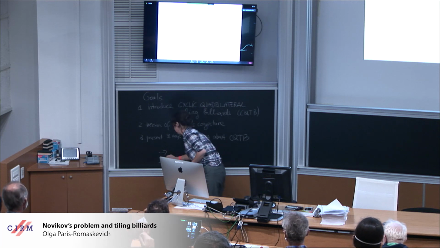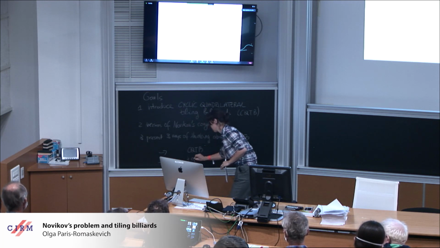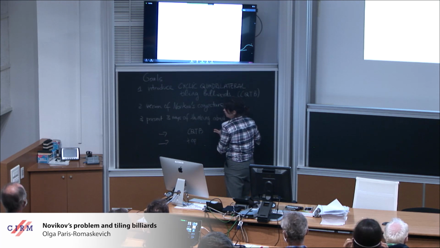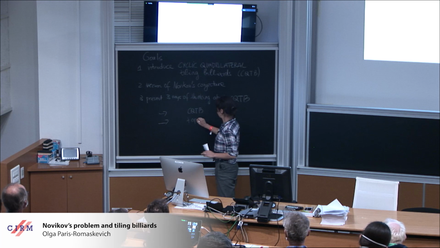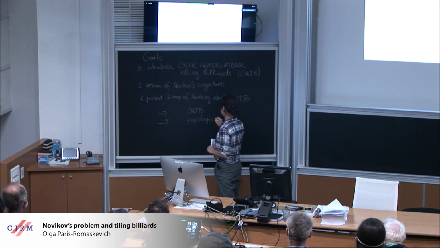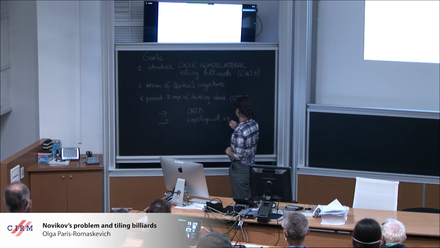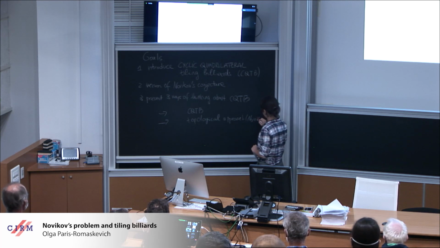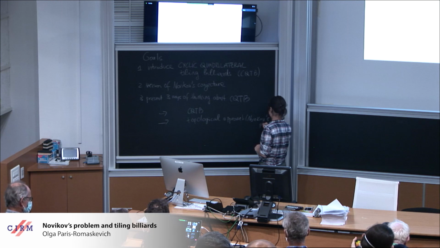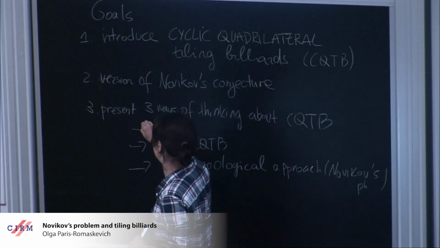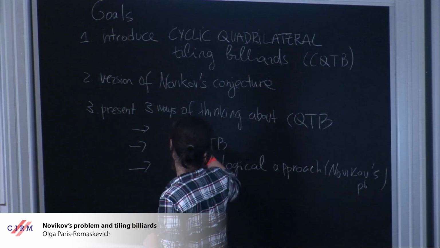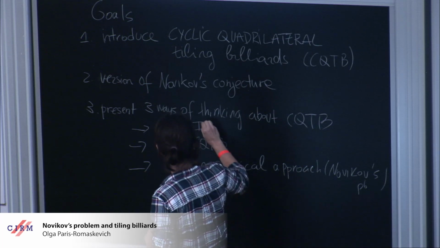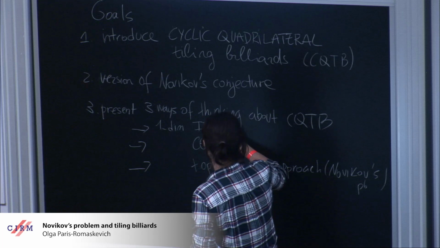Another one, topological approach, which is connected to Novikov's conjecture. And another way is one-dimensional dynamics, which is dynamics of interval-exchange transformations that probably you know, with flips.